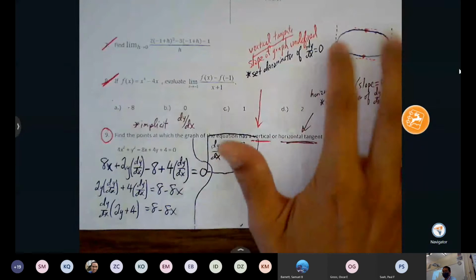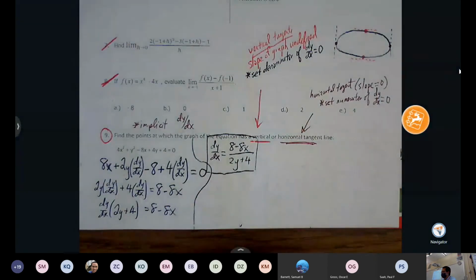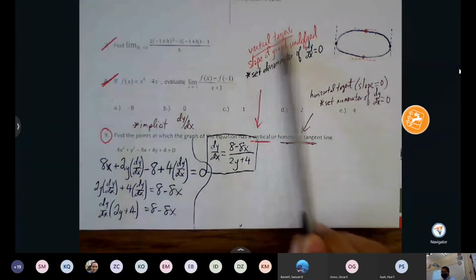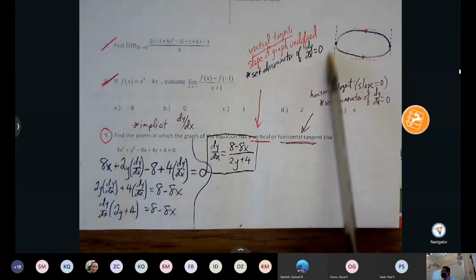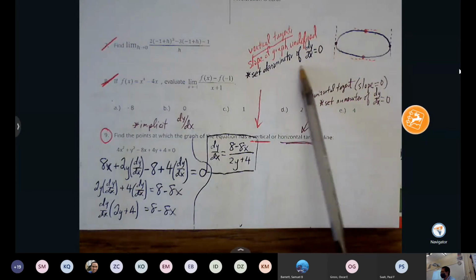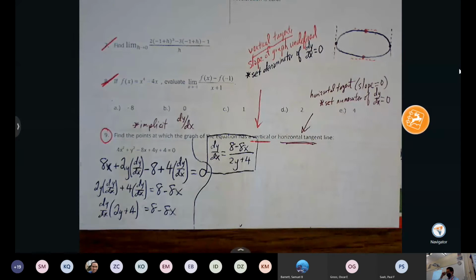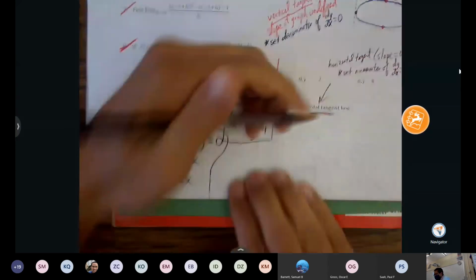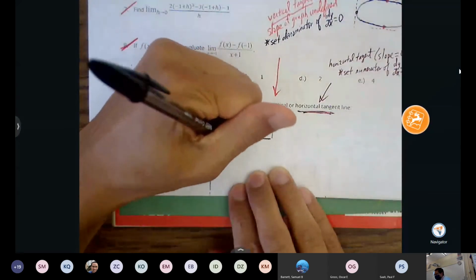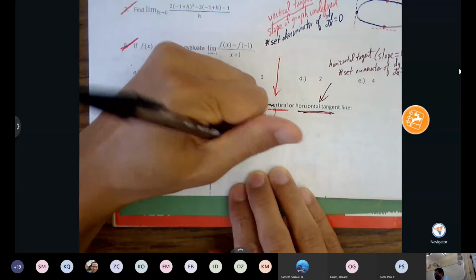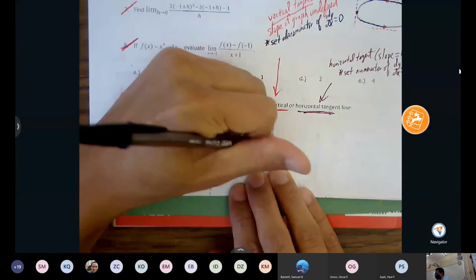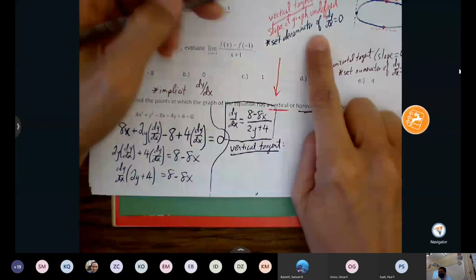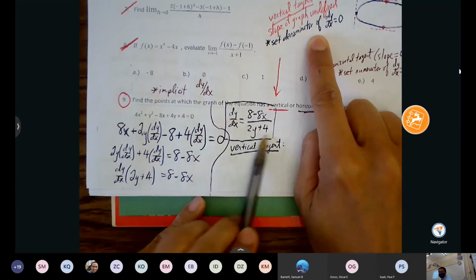So now that we have dy dx, we can look for these specific locations, right? We can find vertical tangent by looking at the denominator, setting that equal to 0, and find the location for that. So vertical tangent. Denominator is this 2y plus 4.